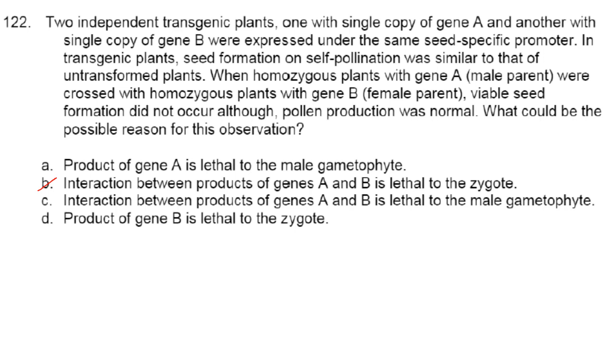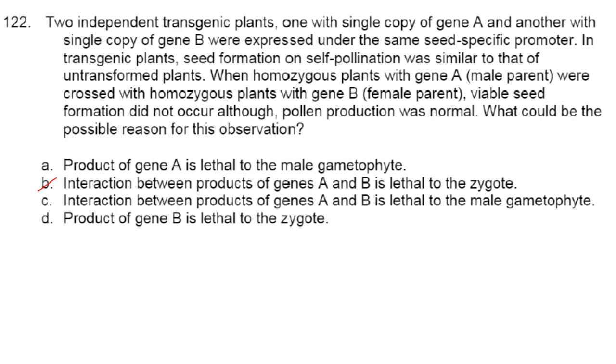That can be the reason, because both gene A and gene B are under the control of a seed-specific promoter. So in the seed, viable seed formation did not occur although pollen production was normal. Even when pollen production was normal, viable seed formation did not occur. So interaction between products of genes A and B is lethal to the zygote.